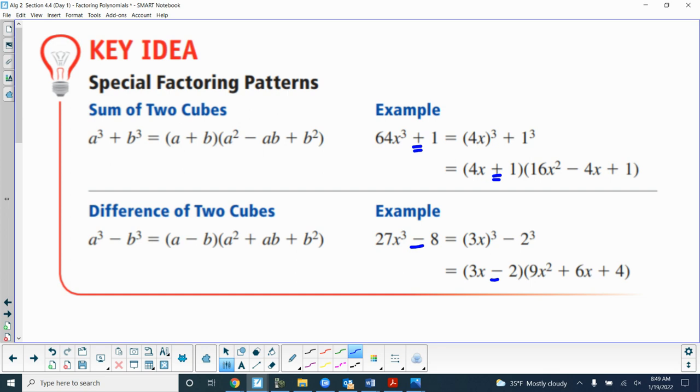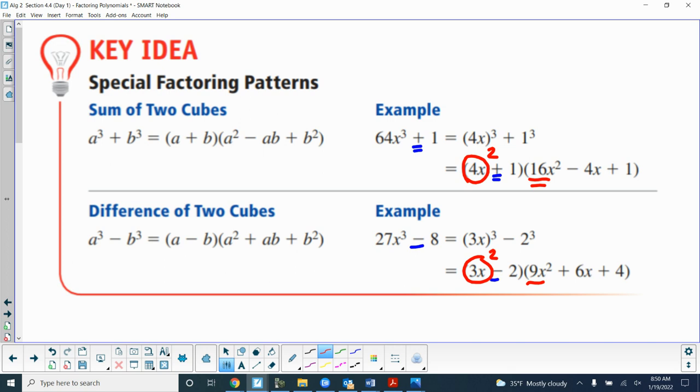All right? To get the trinomial part, you take this first term and you square it to get this term. 4x squared equals 16x squared. 3x squared gives you that 9x squared.